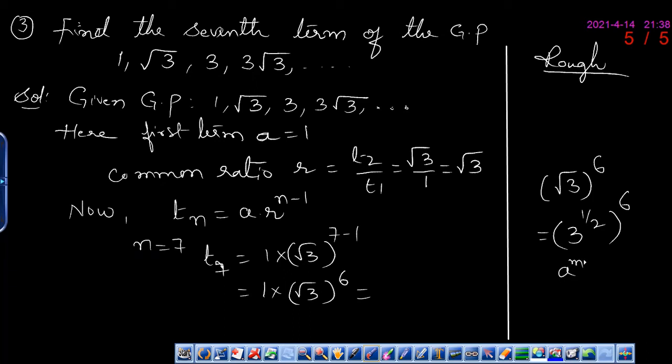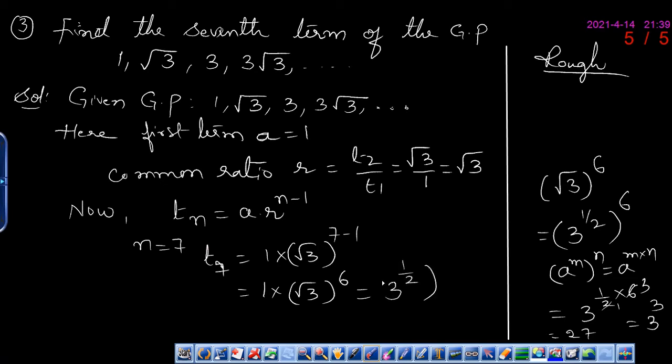If I apply a power m whole power n equals a power m into n, I can write 3 power 1 upon 2 into 6. The 2 cancels with the 6, so we get 3 power 3, which is nothing but 27.